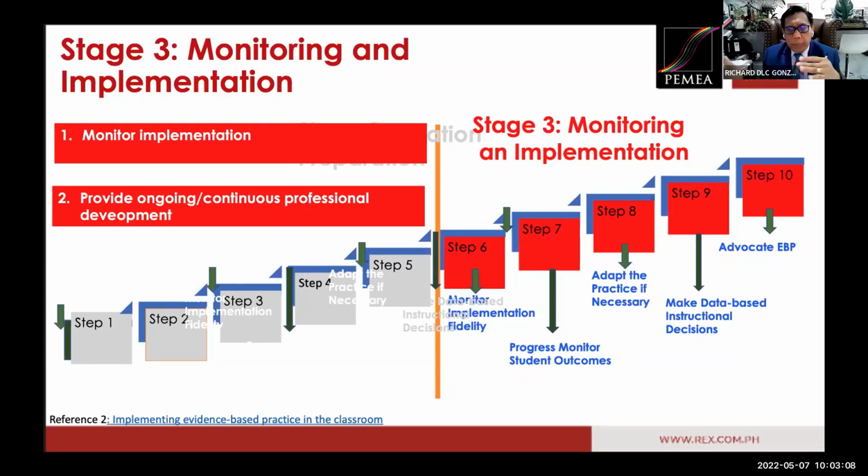So what would be the possible forms of professional development? It could be in the form of coaching and mentoring, by a junior or a senior implementer. It could be through your master teachers or lead teachers or department head. And you can have a booster session, not the COVID booster.